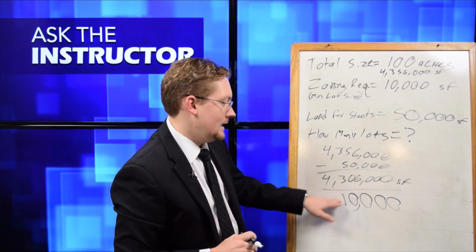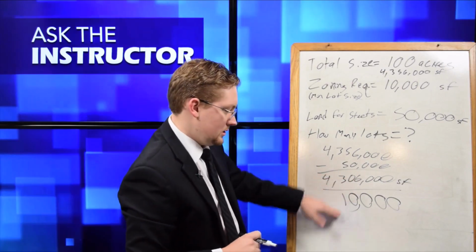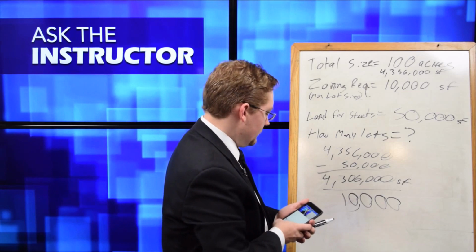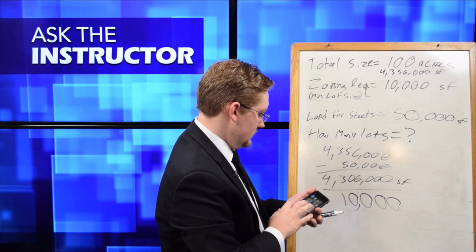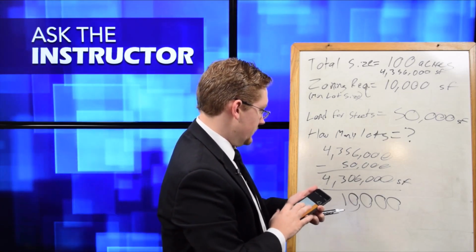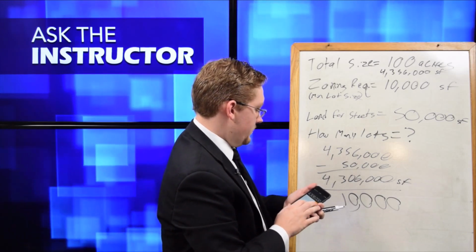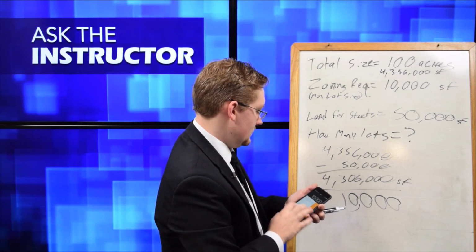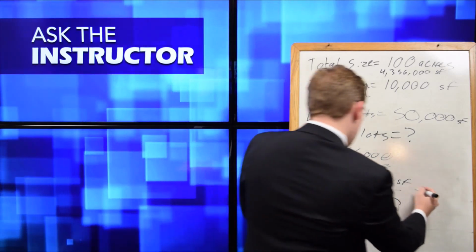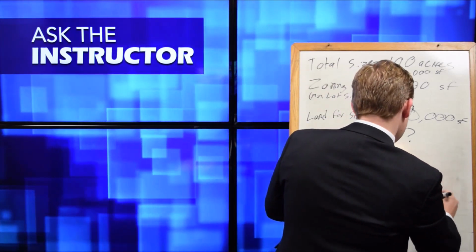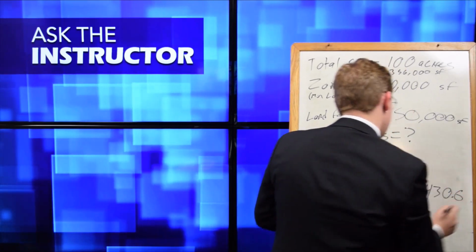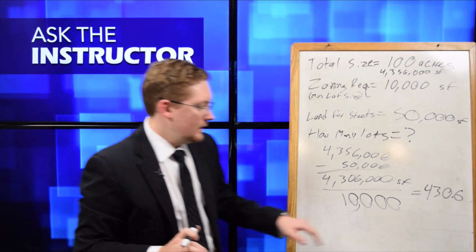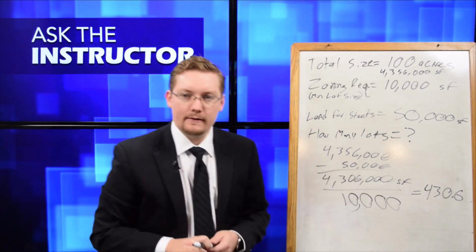We want to figure out how many lots can fit in here, so we're just doing a simple division. We put that in our calculator: 4,306,000 divided by 10,000 gives us 430.6. So we could put 430.6 lots in our neighborhood.